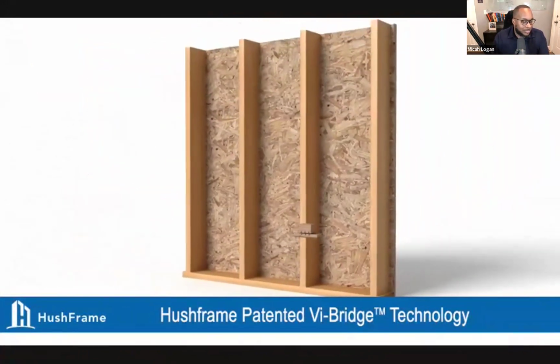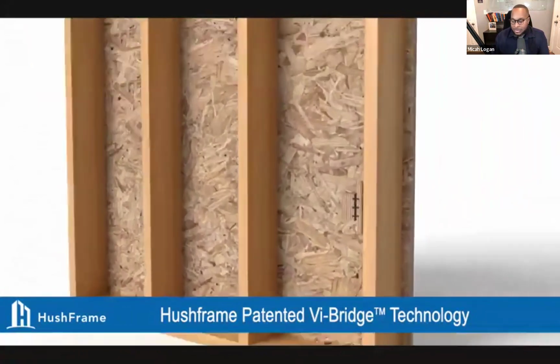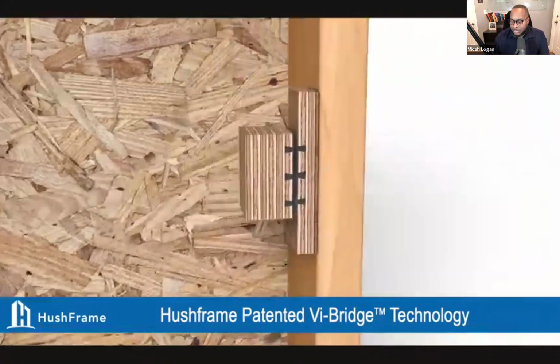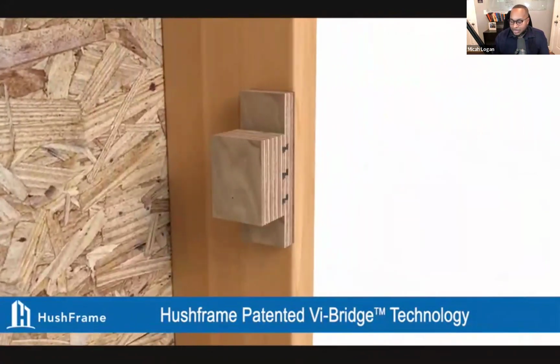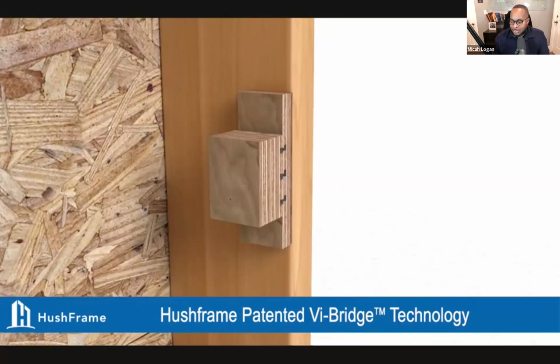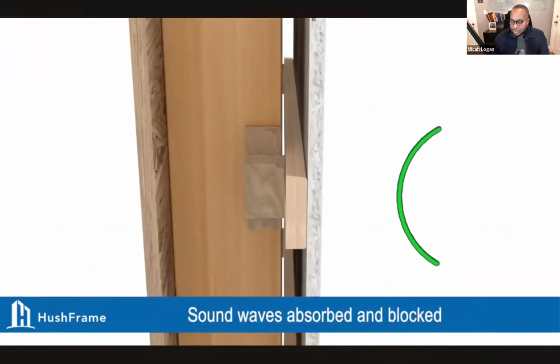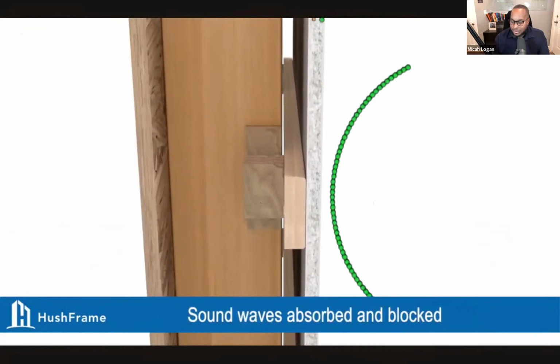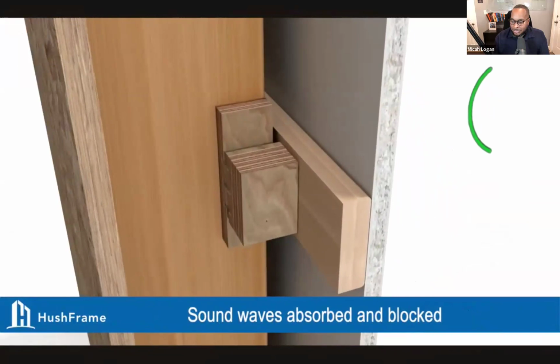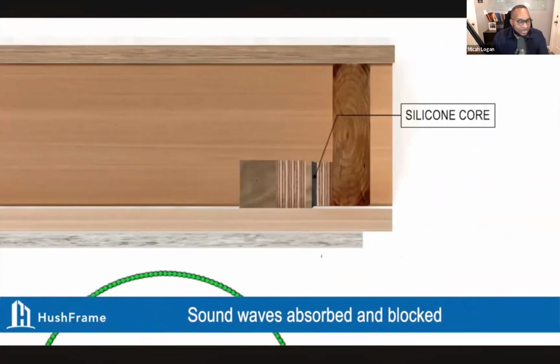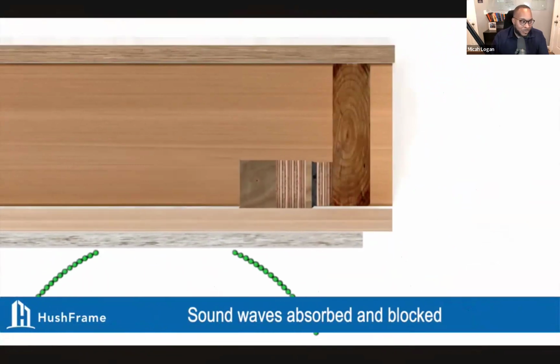The long narrow section attaches to the framing members, and the long recessed edge aligns with or protrudes slightly in front of the framing face. Sound waves inside the room are absorbed and blocked by the silicone cores, dramatically reducing the sound transmitted through the wall, as the viscous drag provided by the silicone core provides mechanical isolation.